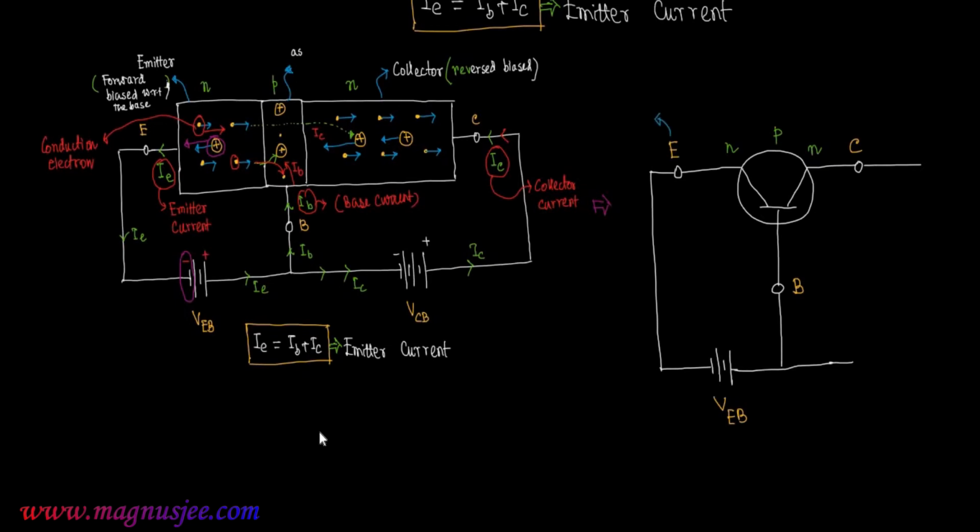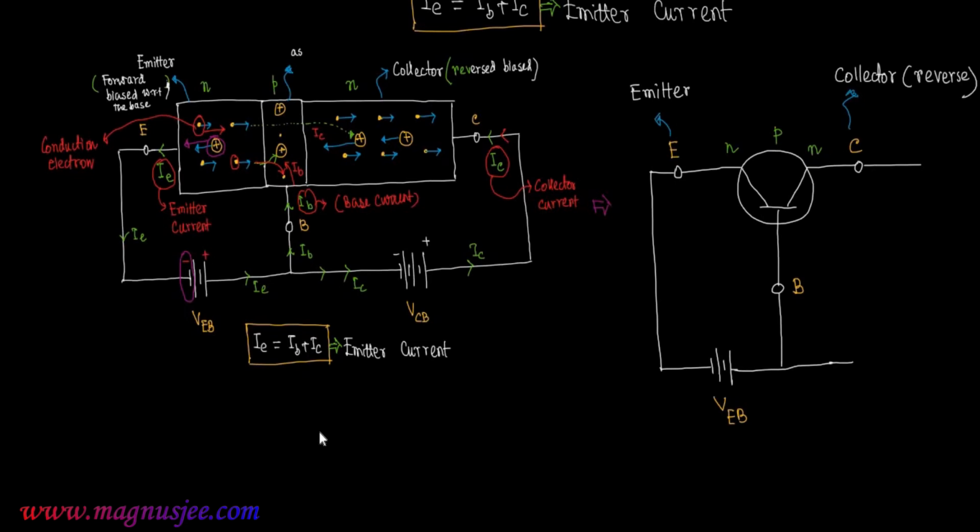And also you can connect a battery here. E is the emitter, which is always forward biased, and C is the collector, which is always reverse biased.